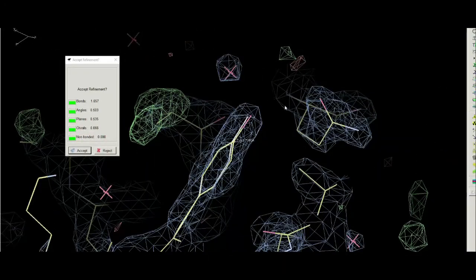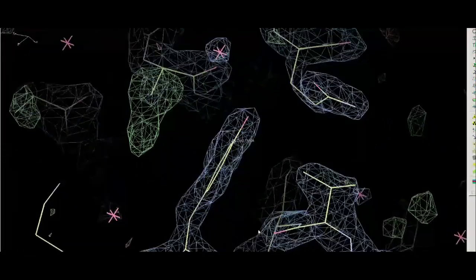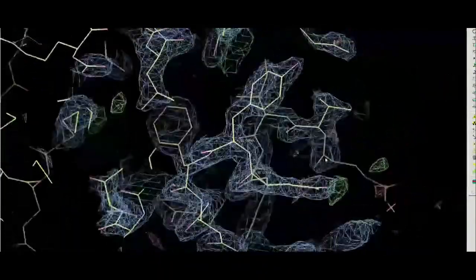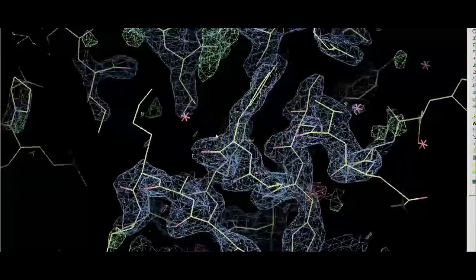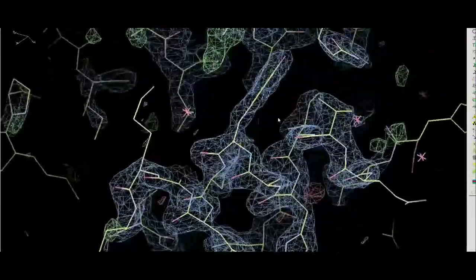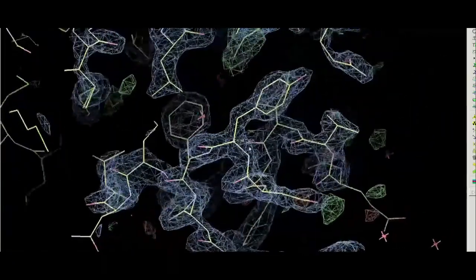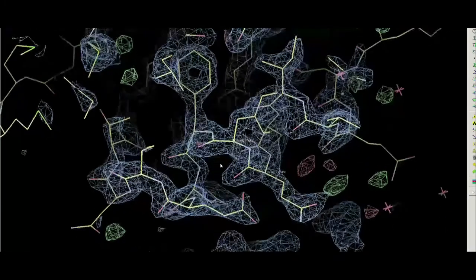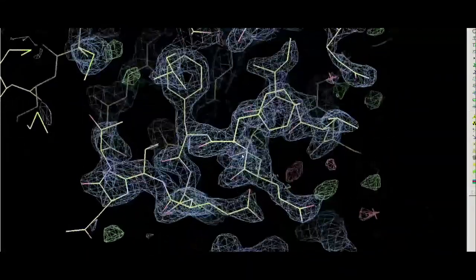And then what'll happen is if you accept that and then you run it through your refinement that compares it to the diffraction data, then it will tell you, using either green or red, whether the observed data corresponds well with what you're trying to model in.